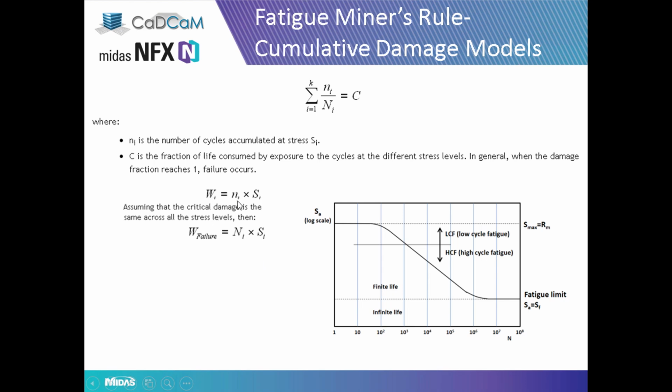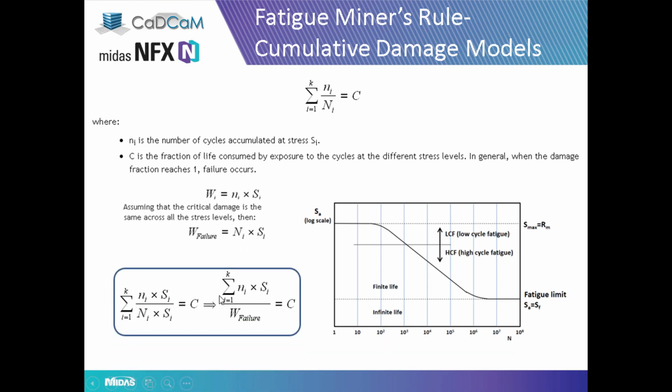W_i is equal to small n_i multiplied by S_i, where S_i is according to the number of cycles n_i, and W failure is equal to big N_i multiplied by S_i, and then we have the opportunity to achieve the fraction of life C.